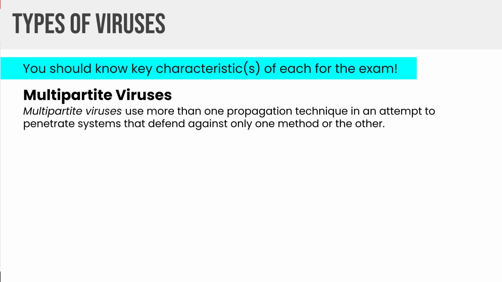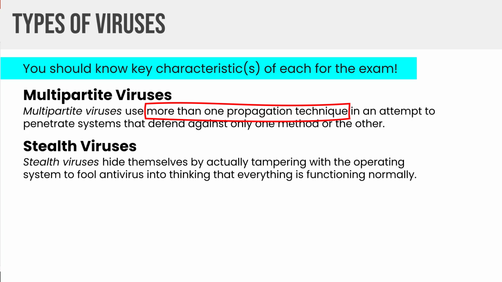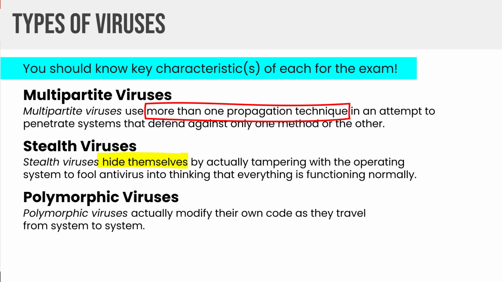So we have multi-part viruses, which use more than one propagation technique in an attempt to penetrate systems that defend against only one method or the other. We have stealth viruses that hide themselves by actually tampering with the operating system to fool antivirus software into thinking that everything's functioning normally. We have polymorphic viruses, which actually modify their own code as they travel from system to system.